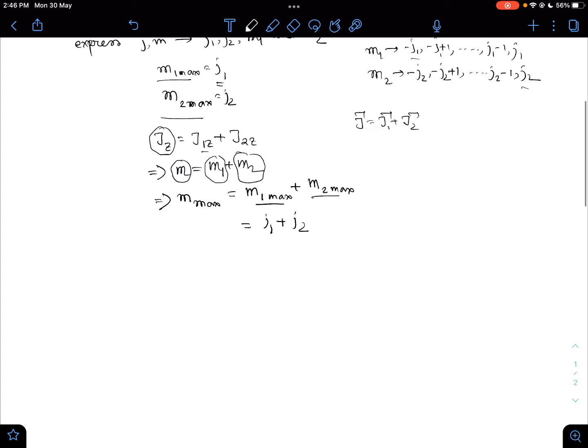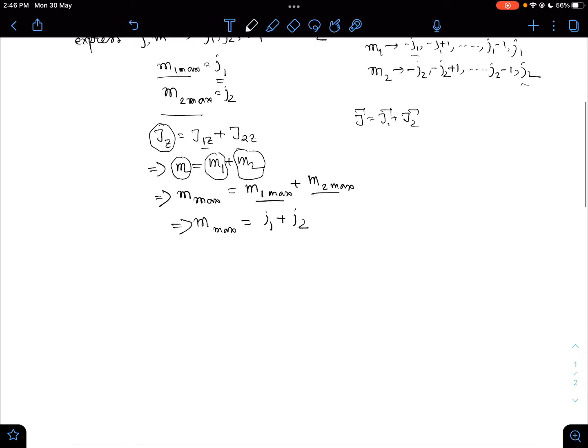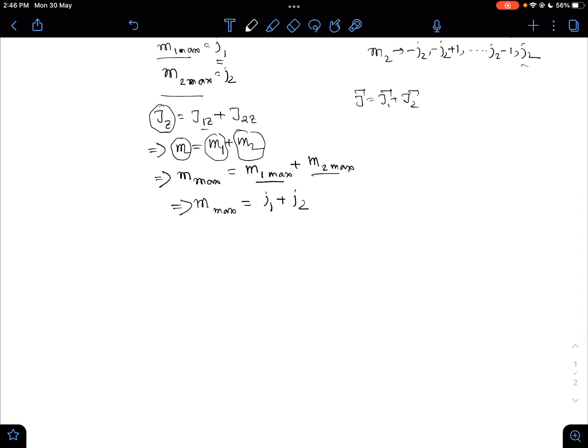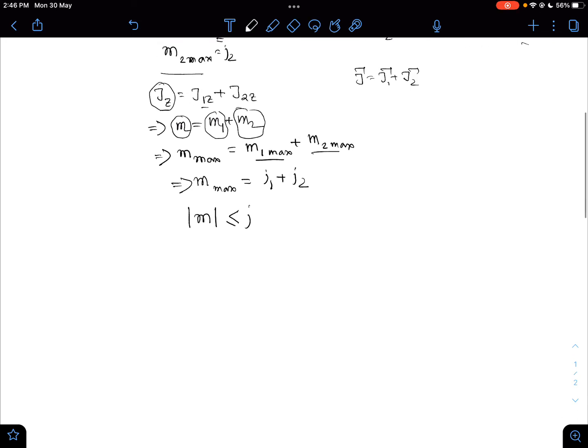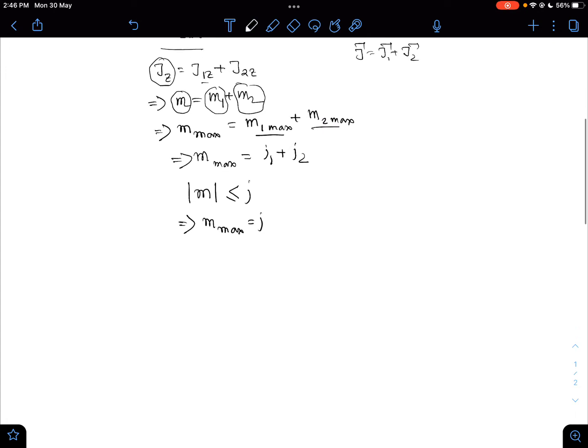So the maximum value of m can be j1 plus j2, but we know that the m value must be less than or equal to j. The m value cannot be greater than j. So we can write the maximum value of m to be equal to j. That is the maximum case.